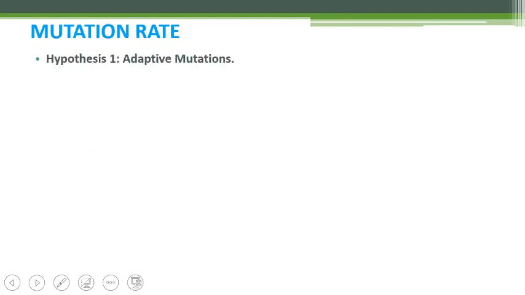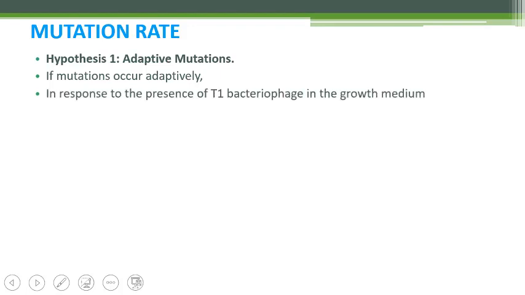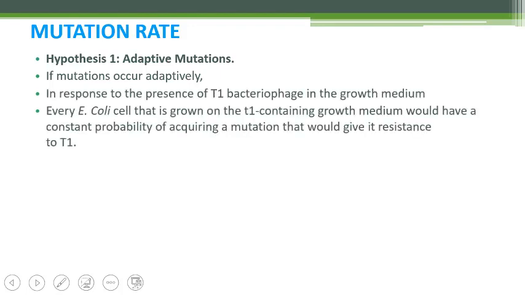So let's take a look at the first hypothesis, the adaptive mutations. If mutations occur adaptively, that is in response to T1 bacteriophage, every E. coli cell that is being grown on the T1 containing growth medium would have a constant probability of acquiring a mutation.